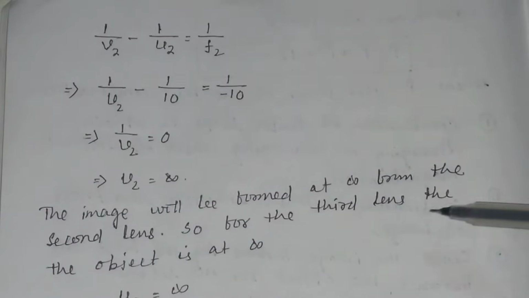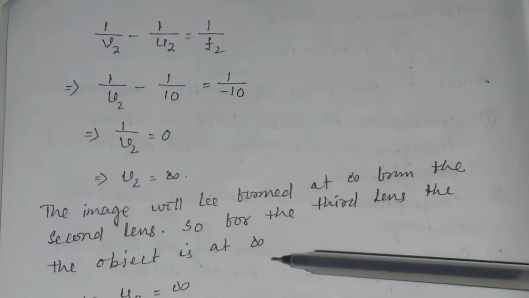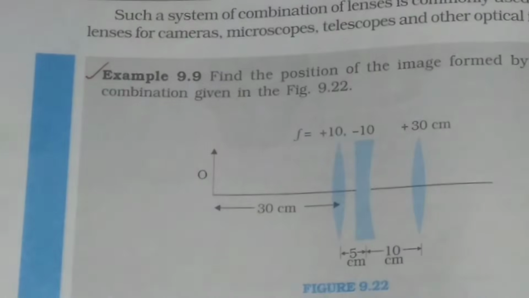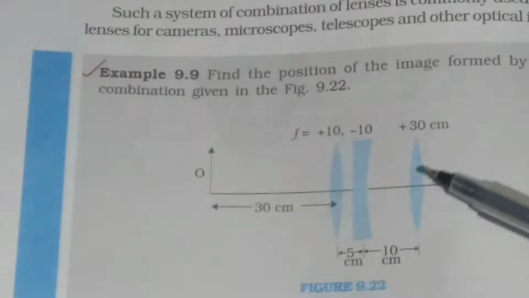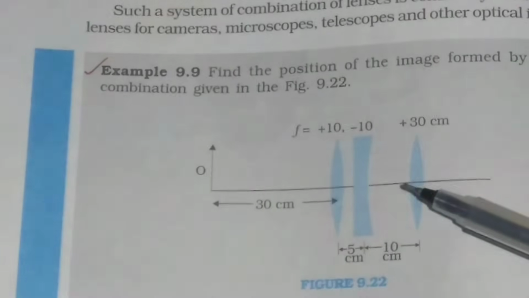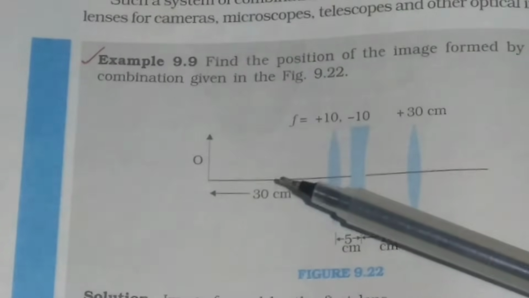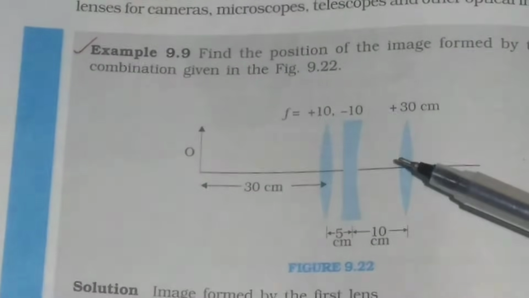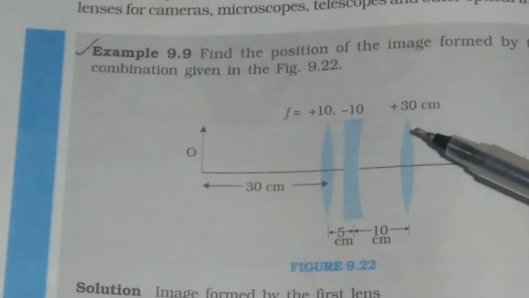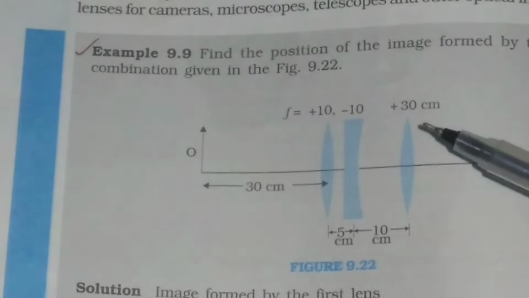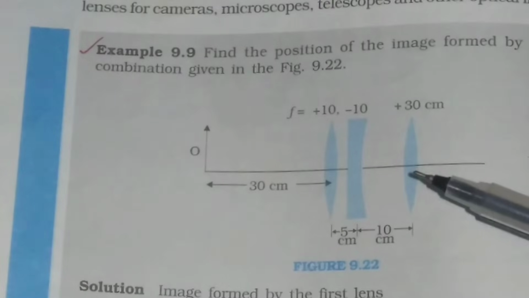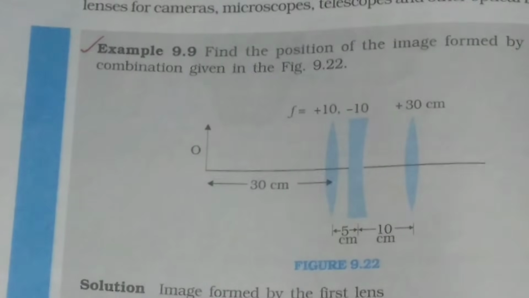So for the third lens, the object will be at infinity. You see in this figure, for this third lens, the object will be at plus infinity on this side, and the focal length of this lens is equal to plus 30 centimeter, and we have to find out the image distance.